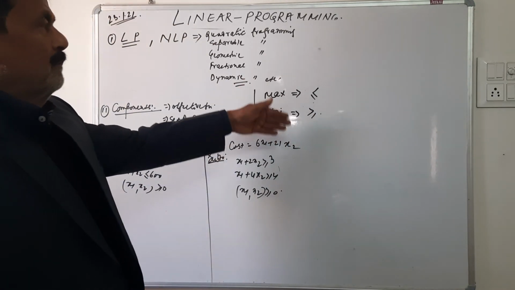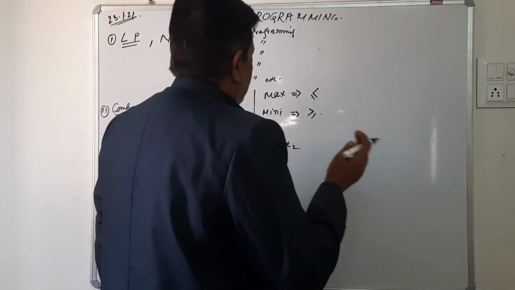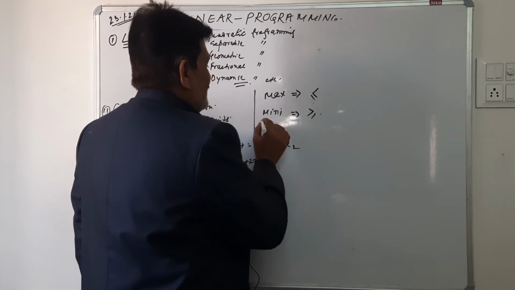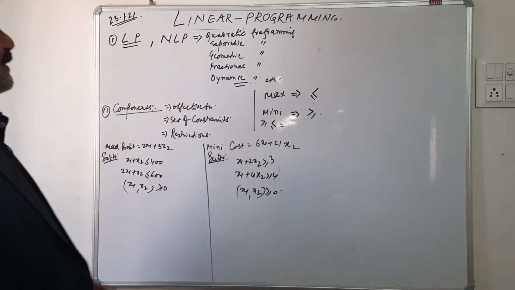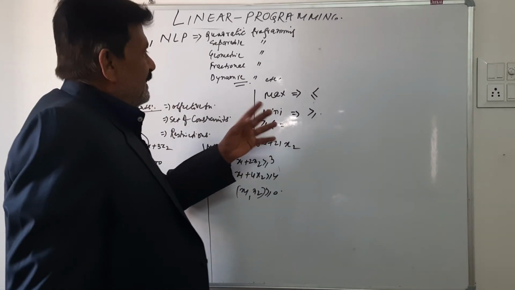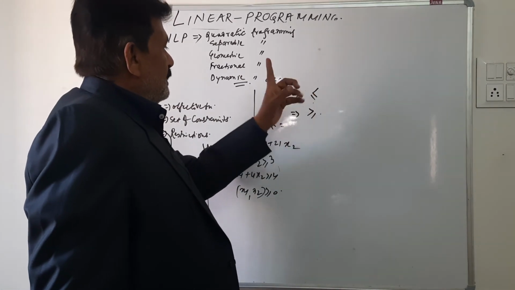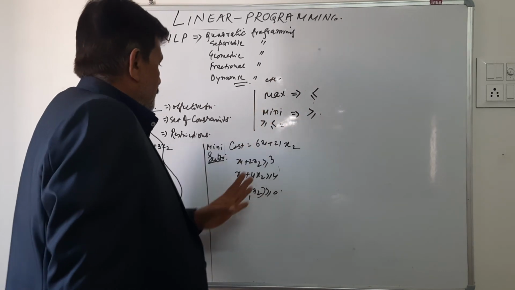In some numericals we shall have all forms; those are the complex sums. But generally, maximization contains less than or equal to, and minimization has greater than or equal to.